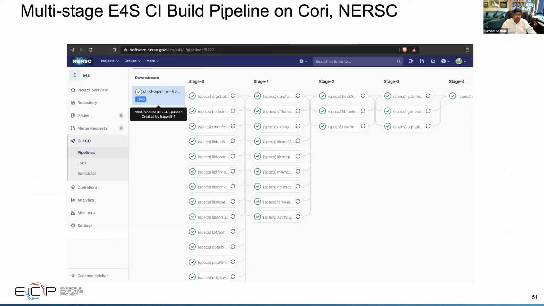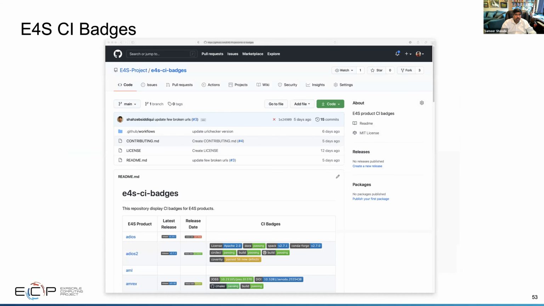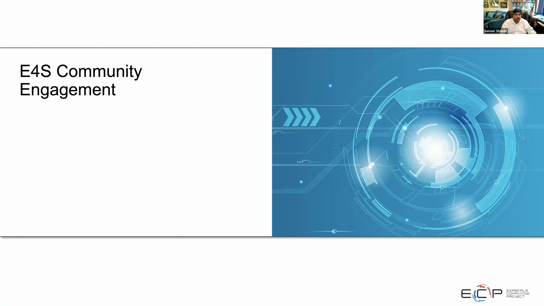And we have pipelines running, as Shazeb showed, on Cori, and GitLab pipelines running at Oak Ridge. This is on Ascent, which is the open Summit system. And there are badges that Shazeb has created where some of the packages have CI badges associated with their achievements.